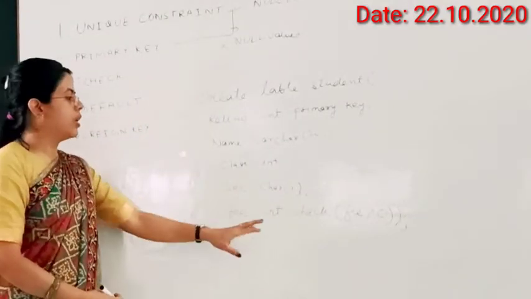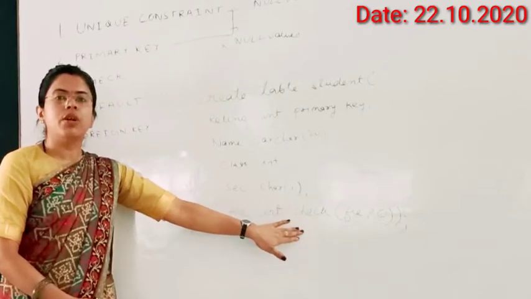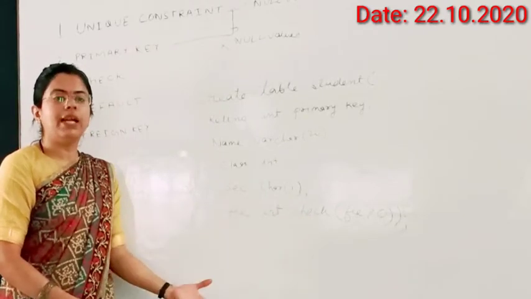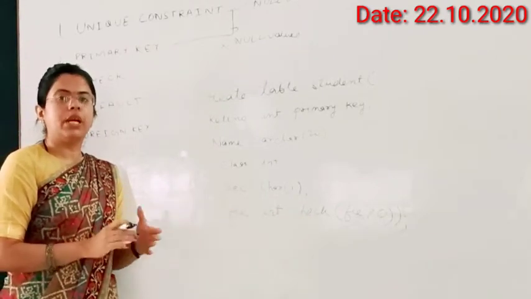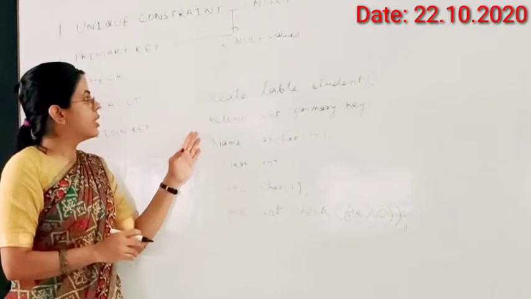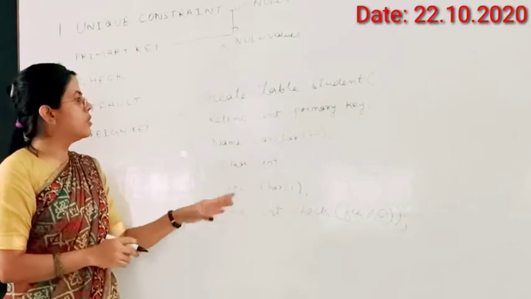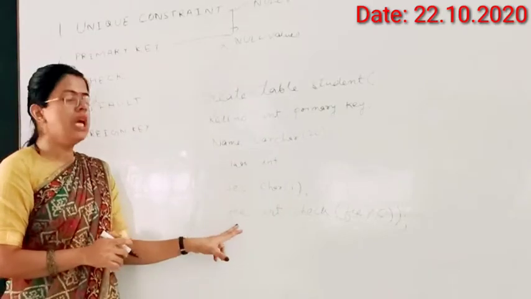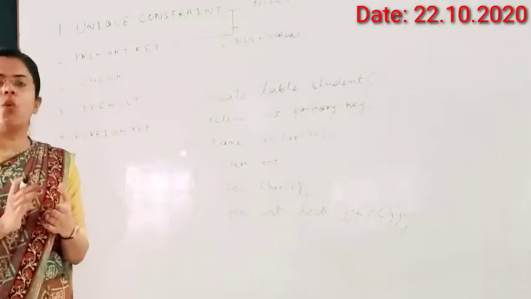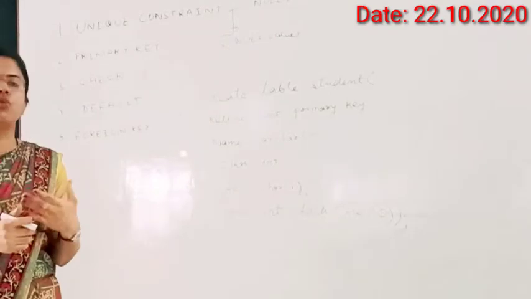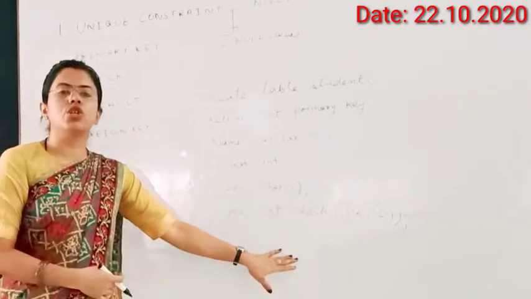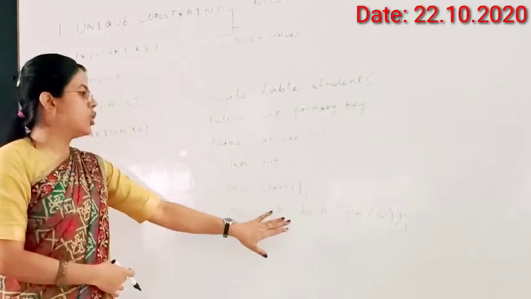So this is how you can use a check constraint, and what it will do is, whenever you insert a value after creating the table, so when you write insert into student values, and then come to fee, if you write any negative value or you want to put 0 because you don't know the fee, it will give you an error because it should be greater than 0. So this is how the check constraint works.